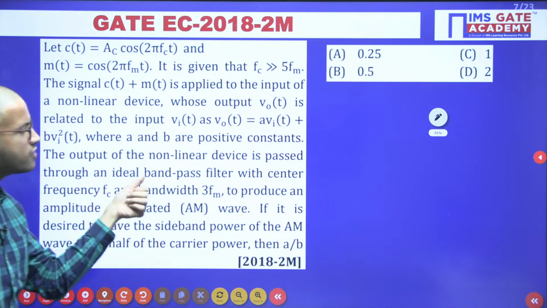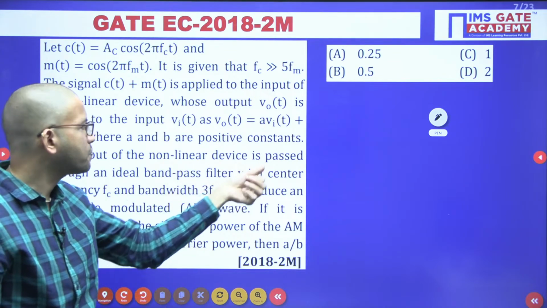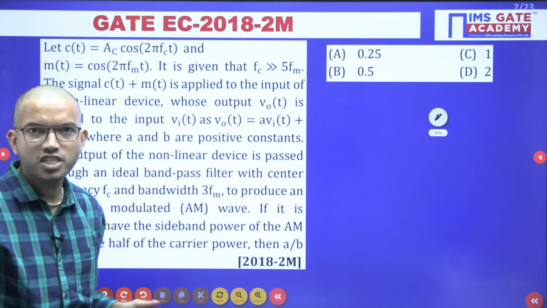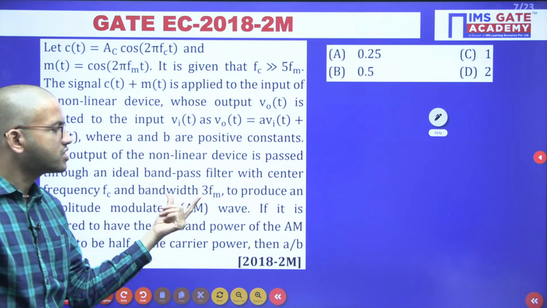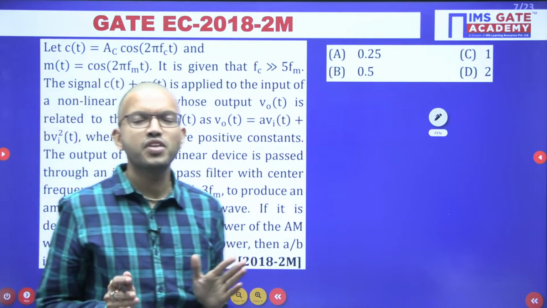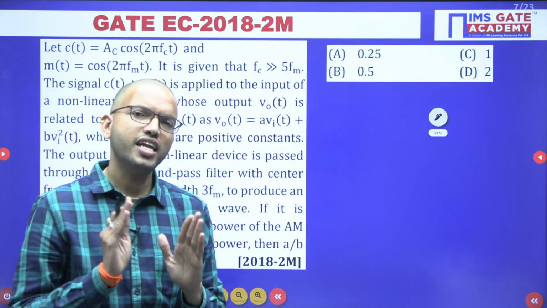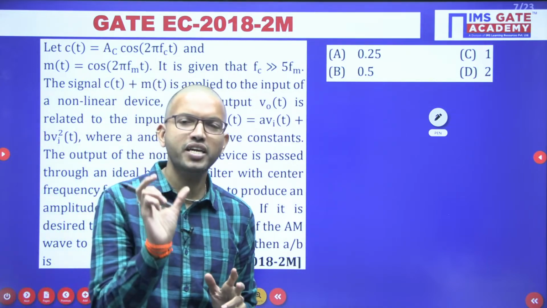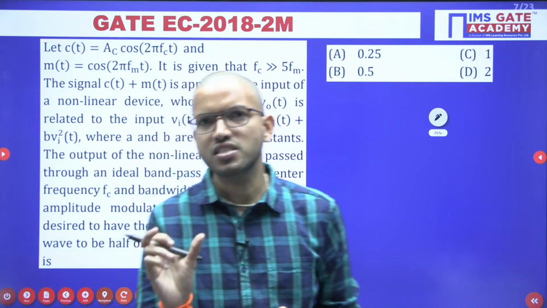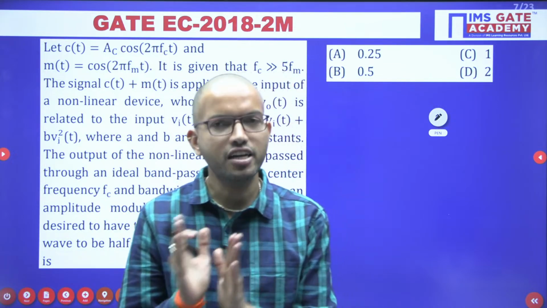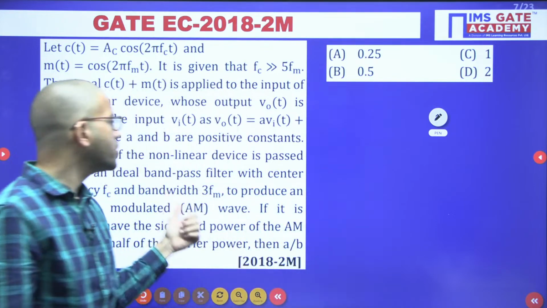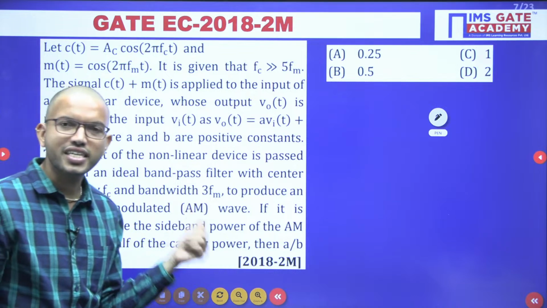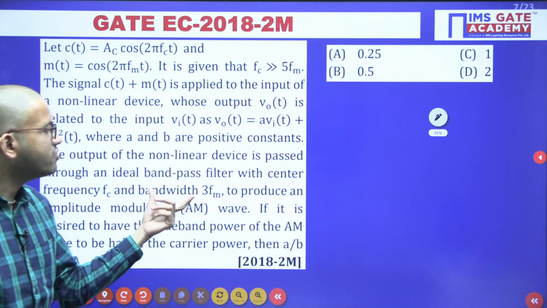The output of the nonlinear device is passed through an ideal band pass filter which has center frequency fc and a certain bandwidth. See, whenever you have a band pass filter, or any filter for that matter, it passes a certain band of frequencies and rejects the other bands, right? Here the center frequency is fc and the bandwidth is 3 fm.